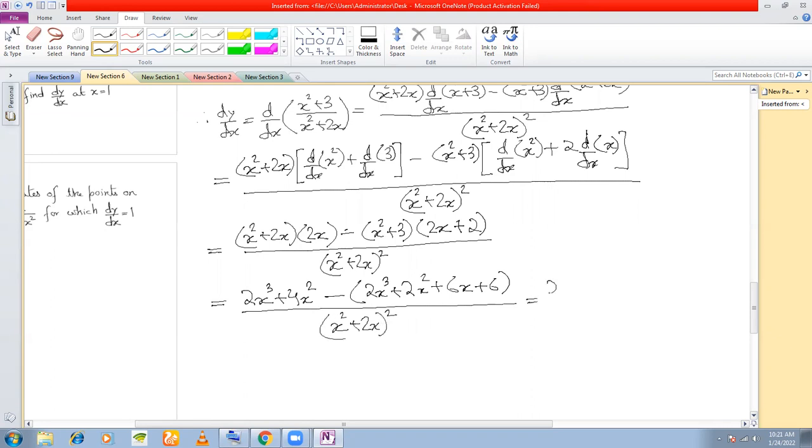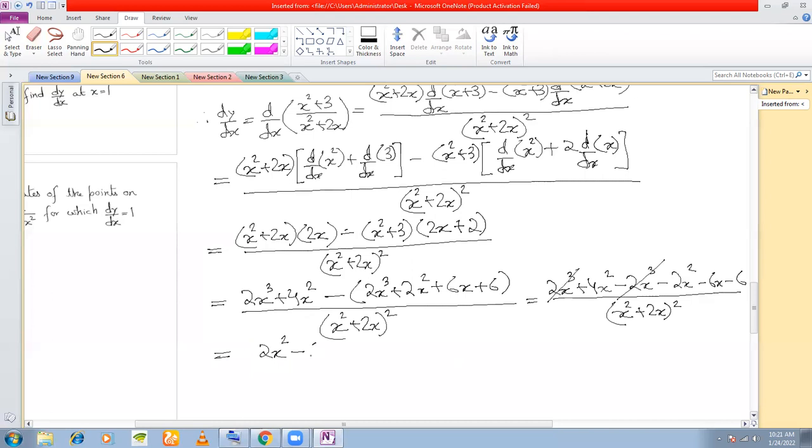Now you open the brackets. 2x cube plus 4x square minus 2x cube minus 2x square minus 6x minus 6 divided by x square plus 2x square. So 2x cube and 2x cube are going to cancel here, right? And you have 4x square minus 2x square, which is 2x square.